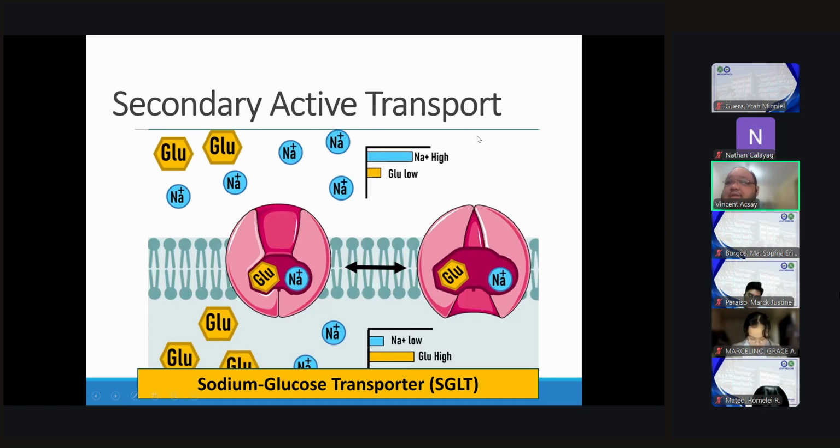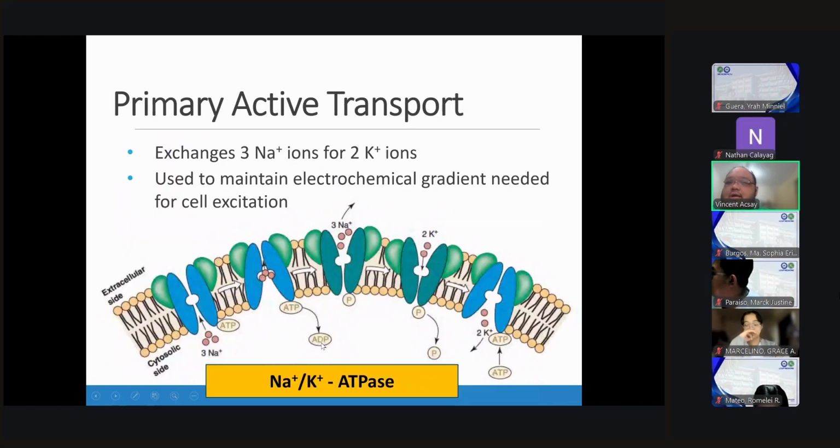So for secondary active transport, you are able to move against the gradient. This is a form of symport because you use sodium. Your NAK ATPase is a form of antiport because you need to transfer out three sodium to enter two potassium ions in.